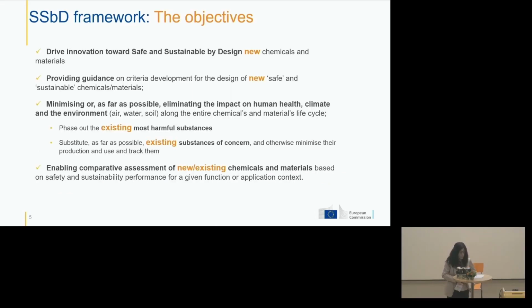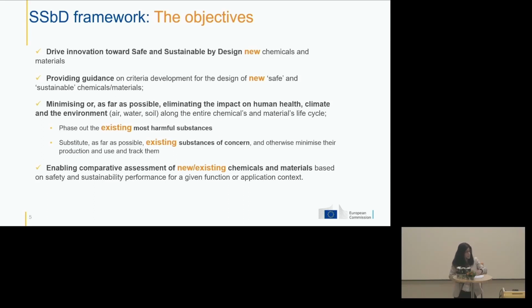Another important thing, we also mentioned already the objectives of the framework, that is to drive innovation towards safe and sustainable by design chemicals and materials, providing guidance in order to develop them, but also to reduce the impact of these chemicals and materials on human health and the environment by phasing out most harmful substances and substituting the substances of concern, and also making possible a comparative assessment for this objective.